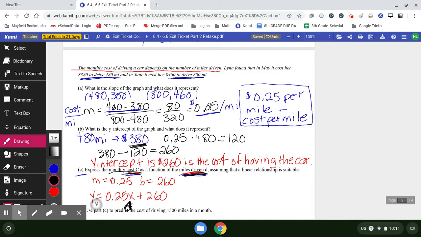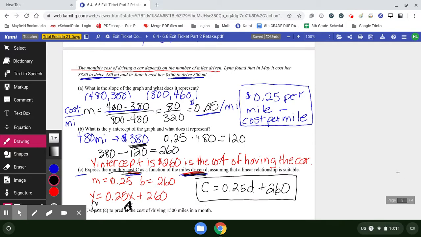And my y is my cost, so that's going to be C. I'm just going to rewrite this with my new variables. C equals 0.25D plus $260, and that's my equation.